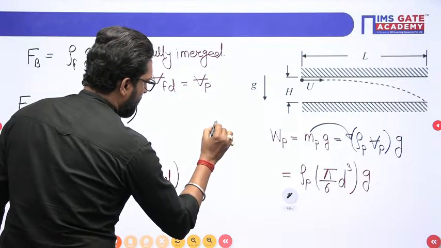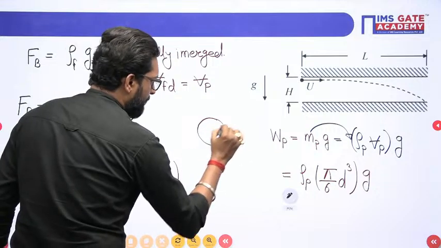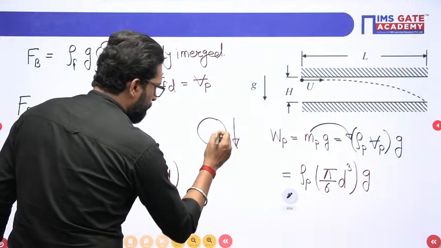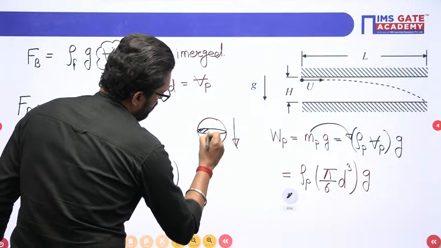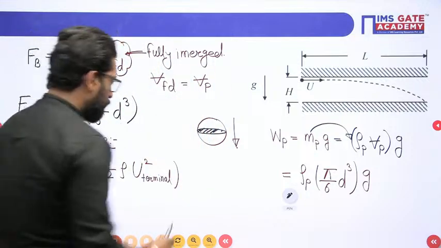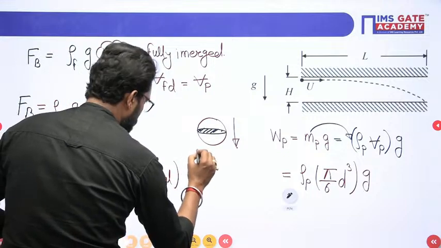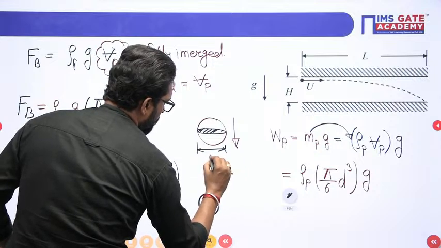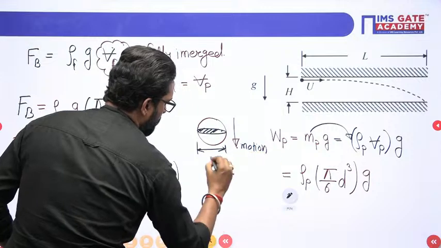See, this is a particle, and this particle is going downward. So over this projected area the drag force will act. This is your diameter d, this is your motion, this is your diameter d.